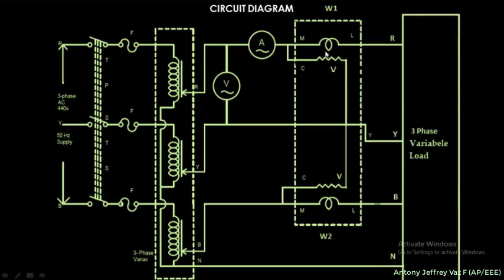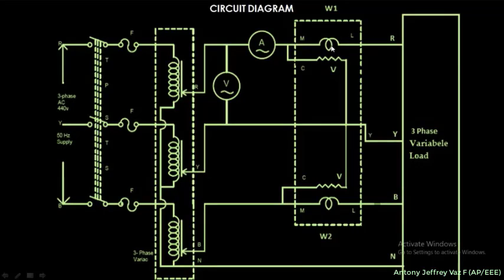Explaining this, inside the wattmeter we have a current coil. This is the current coil of the wattmeter, and this one is the pressure coil of the wattmeter. The current coil of the wattmeter should be connected in series. You see, this is the ammeter which will measure the current.